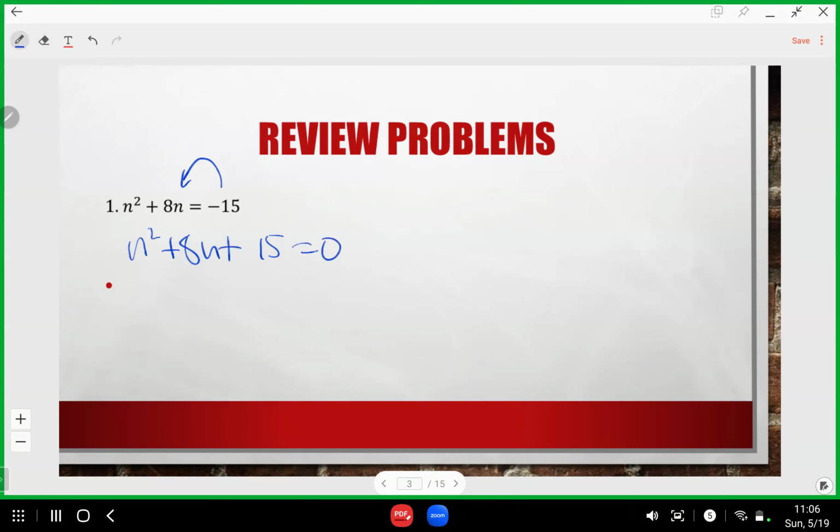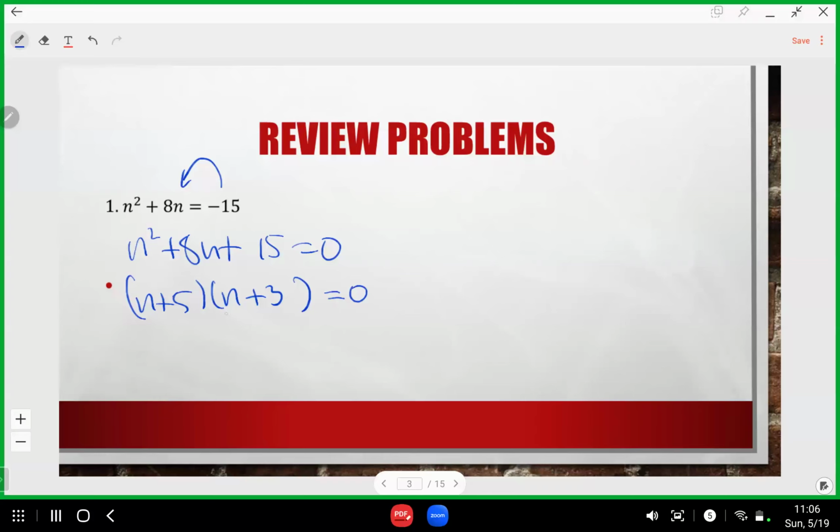If we factor this, we need to find the factors of 15 that add up to 8, which are conveniently 5 and 3. So n plus 5 times n plus 3 is equal to 0, right? Because we can factor it like this.